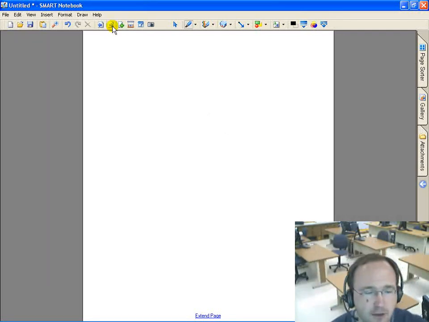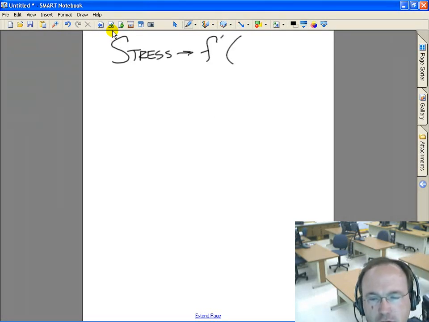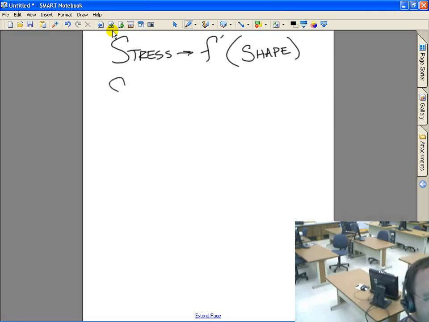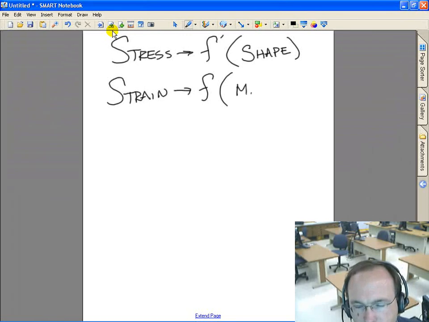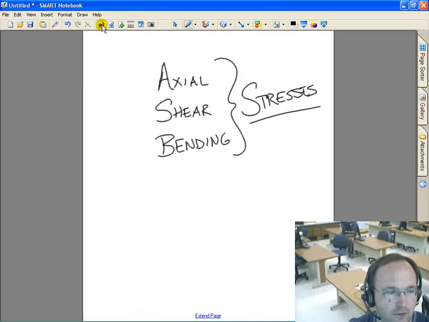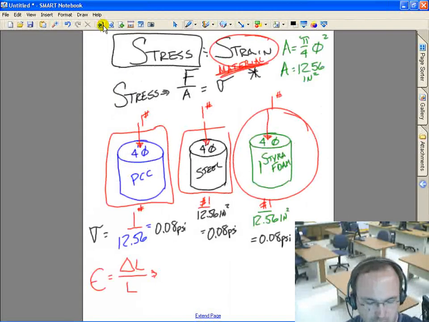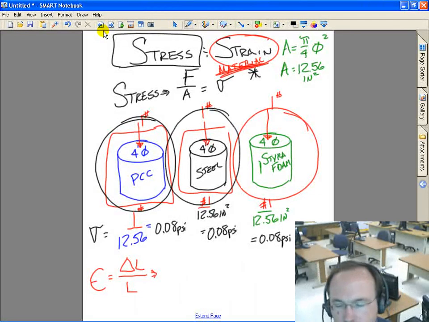So we talked about stresses, and stress, once again, is a function of the shape. Strain is a function of the material. Once again, looking back, the way the concrete's going to react is going to be different than the way the steel's going to react.